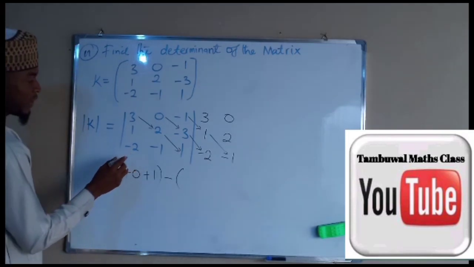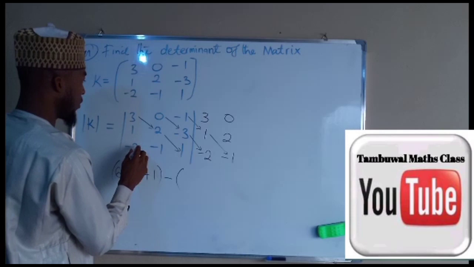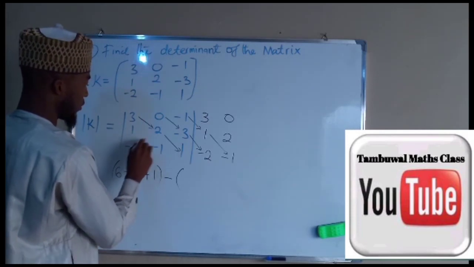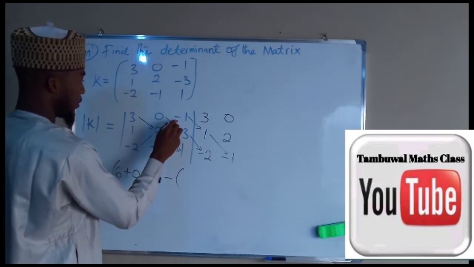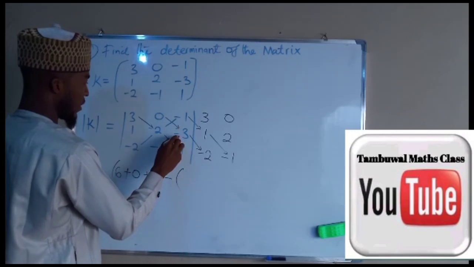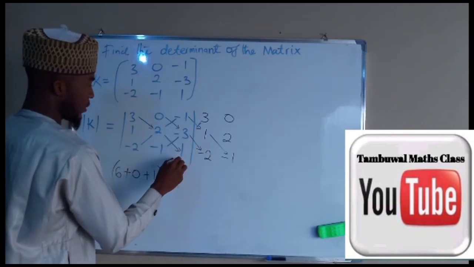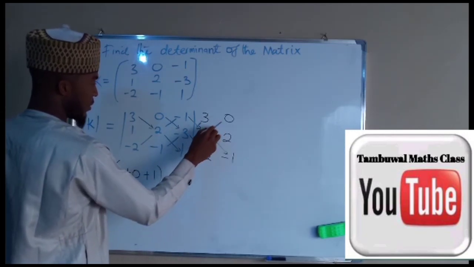Then we are going to multiply another diagonal. This is the first one. This is the second one. And this is the third one.